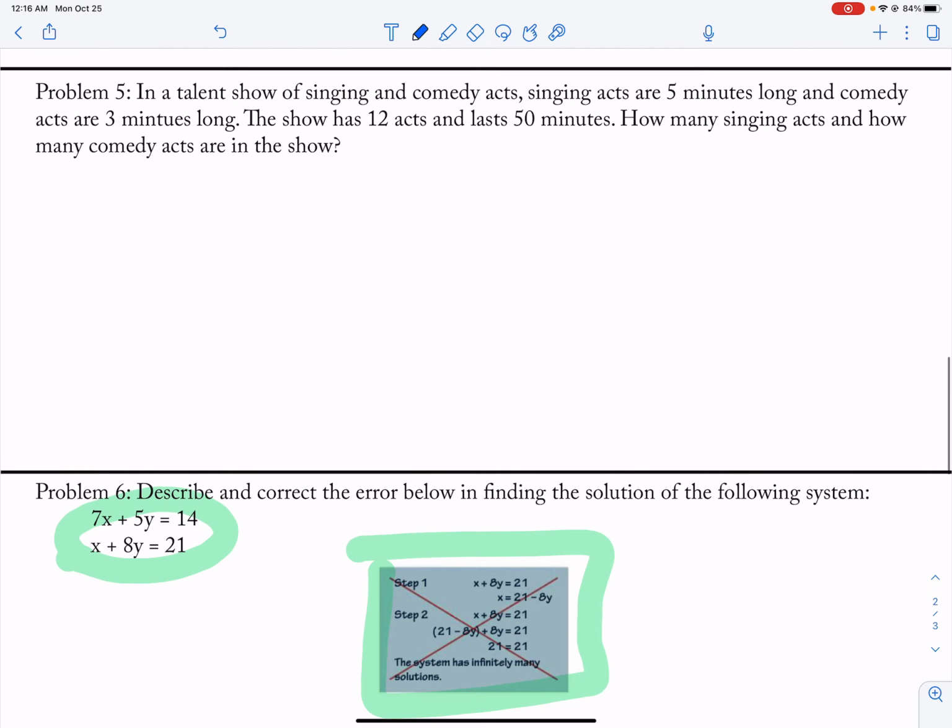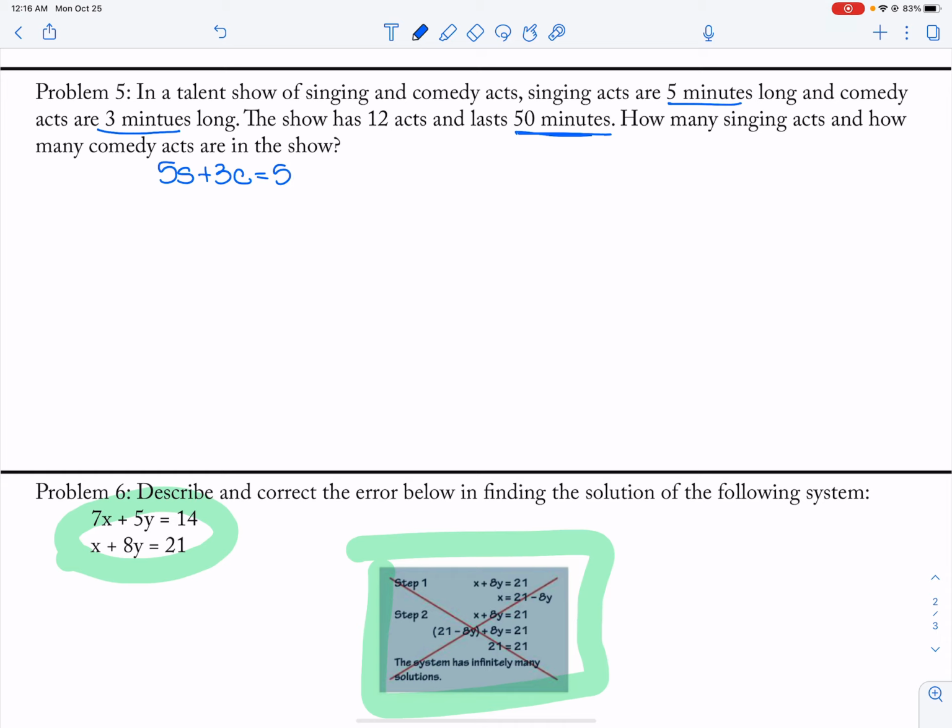Okay, so let's see. In a talent show of singing and comedy acts, the singing acts last 5 minutes long and the comedy acts last a total of 3 minutes long. So 5 times the number of singing acts plus 3 times the number of comedy acts equals, now notice, minutes and minutes, so I need the one that has minutes.